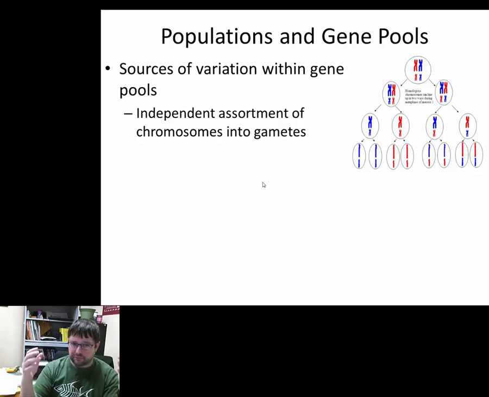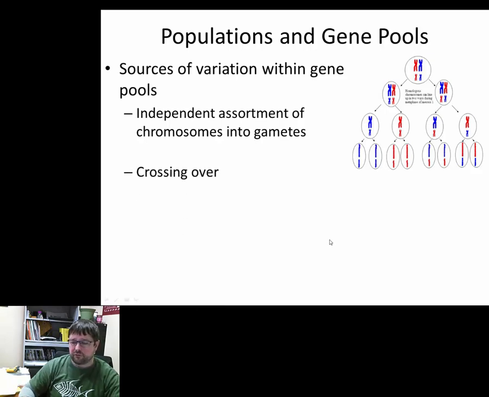That gives you the amount of variation you could expect from independent assortment alone. 2 to the 23rd power is over 8 million. So just from independent assortment, from a human point of view, we have 8 million different varieties that we could expect in the gametes just from the arrangement of chromosomes.